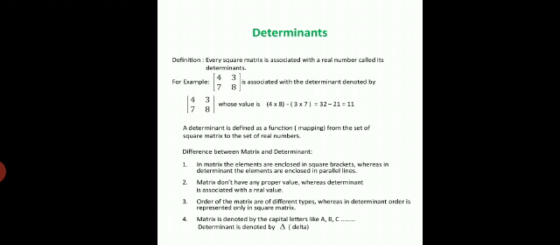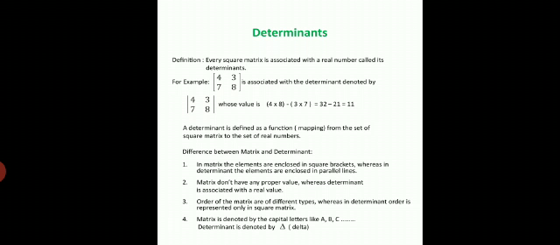It must contain the same number of rows as well as the same number of columns, either 2 rows 2 columns or 3 rows 3 columns, and the matrix is written within two parallel lines, where the elements have to be represented.